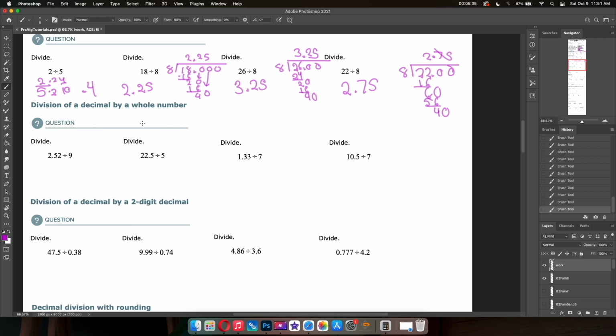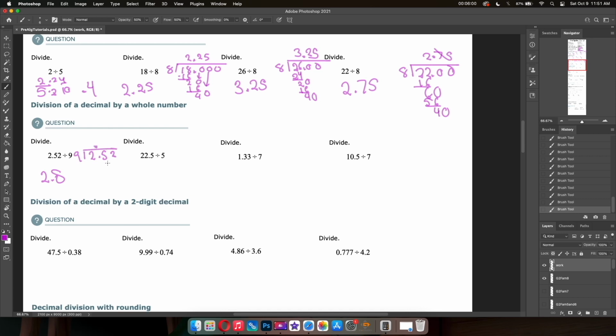Now division of a decimal by a whole number. We're going to do this again. 9 goes into, so 25 minus 18 is 7, 72, which is 8. All right, that's my guess. Let's see if I'm right, because I am trying to do this in my head. 2.52 divided by 9.